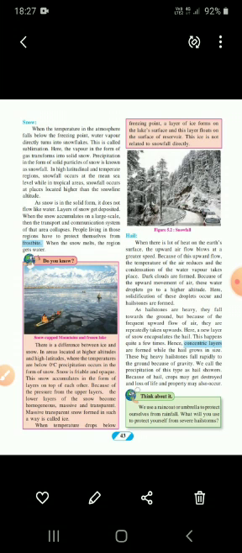What happens when this upward airflow is there? Listen carefully. When there is upward airflow, the temperature at the higher altitude starts reducing, and the condensation process starts at that place. Understood? And dark clouds are formed.